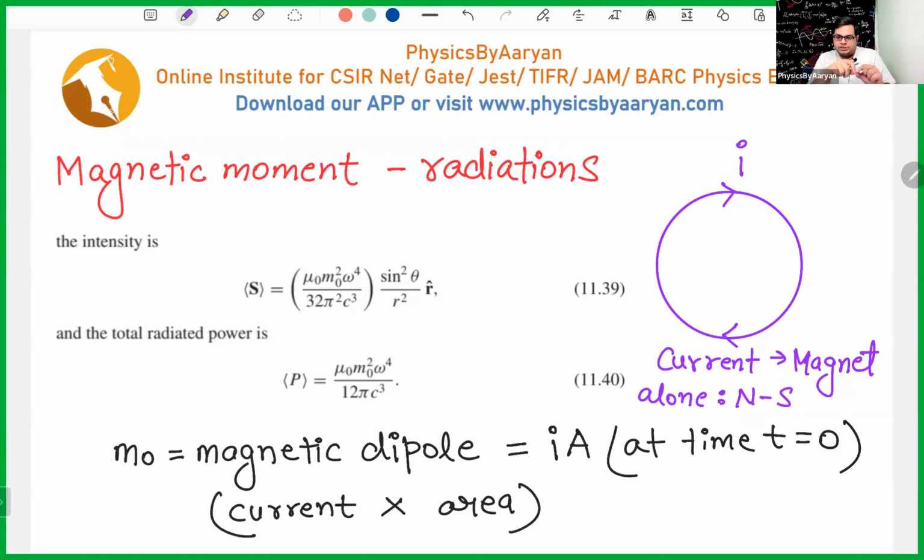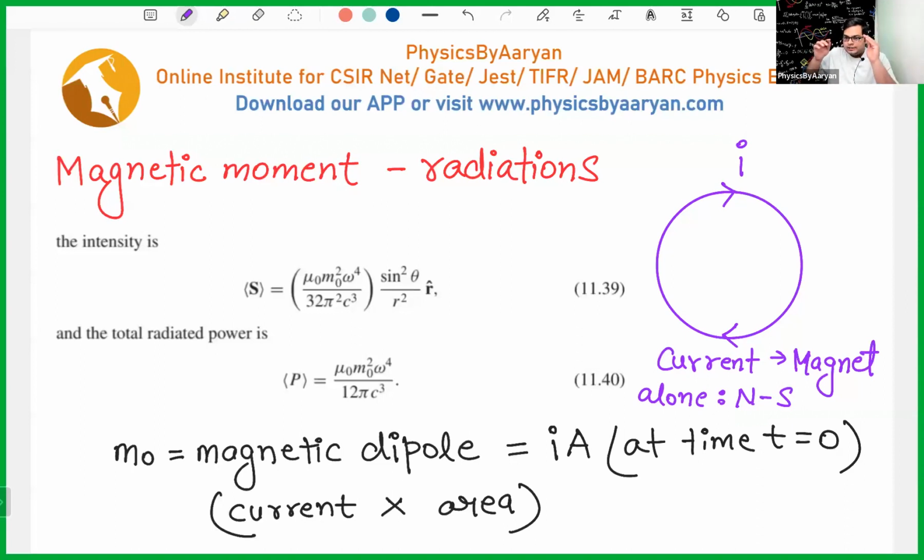Electricity can come alone, meaning a positive charge can exist alone, a negative charge can exist alone, but magnetism cannot be alone. It will always have north and south both. How do you visualize this? How do you see that it has north and south both?